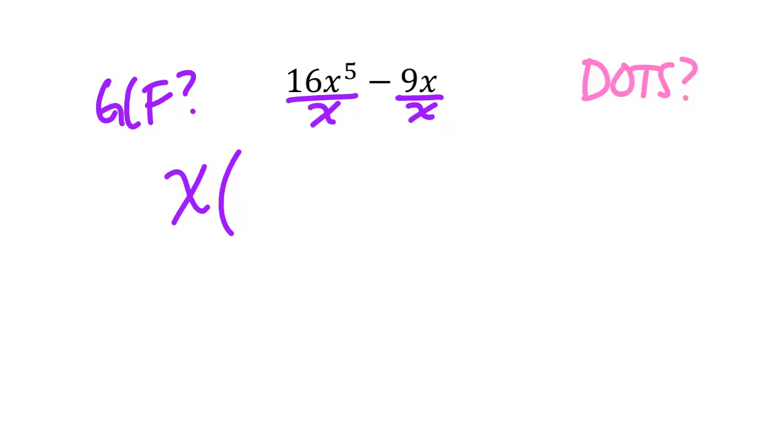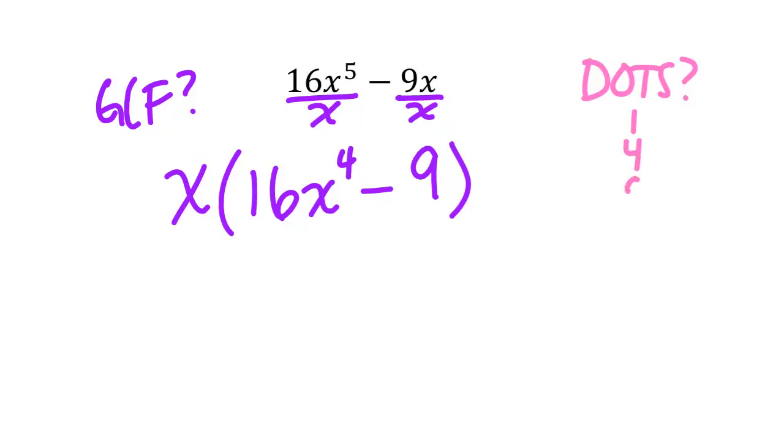And I'm going to be left with 16x to the what power? 4th, minus 9. And then you check for dots. I got 1, 4, 9, 16, 25. Do I have 2 perfect squares? Yes, I got my 9 and 16. And I do have a difference, and the x to the 4th is a perfect square.